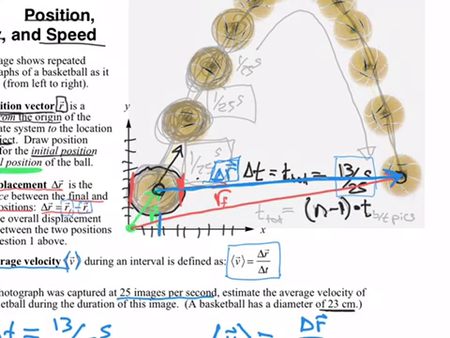Let's just try to estimate. This looks like about 23 centimeters, about the diameter of the basketball. This looks like another one. We're going to go all the way to the center of the final position vector. So this looks like 1, 2, 3, 4, 5 basketball diameters.